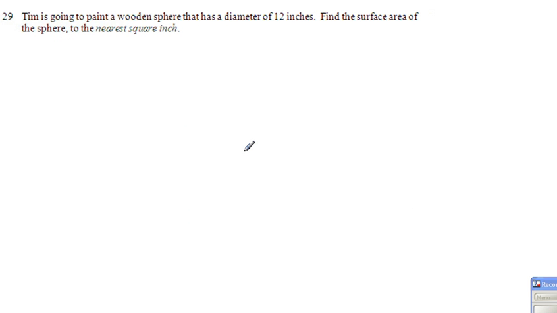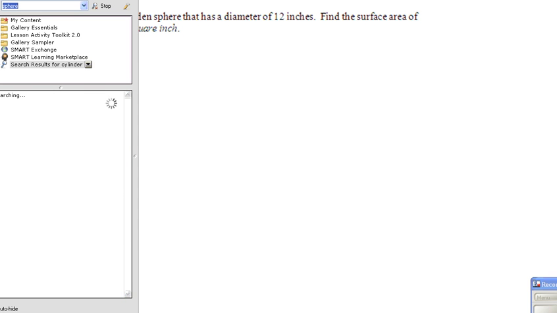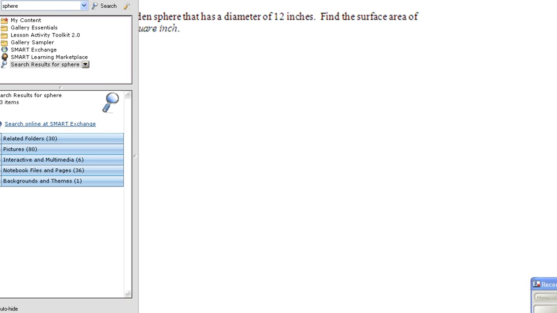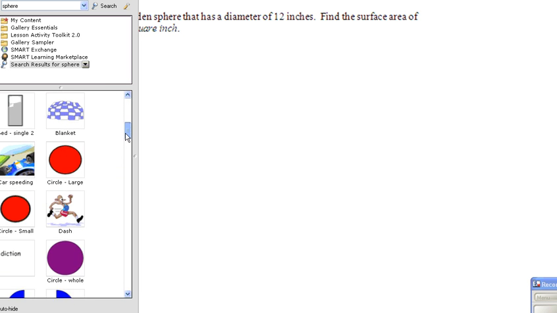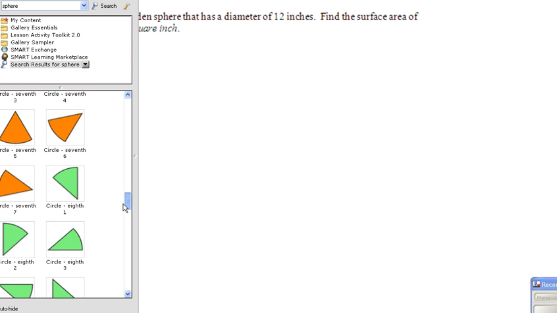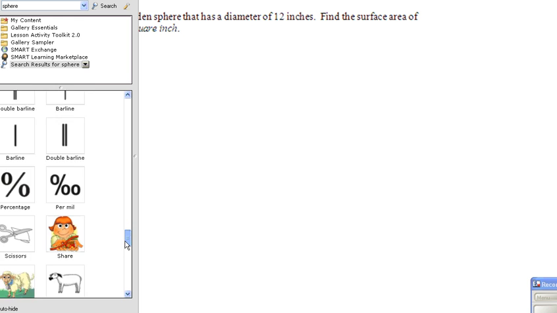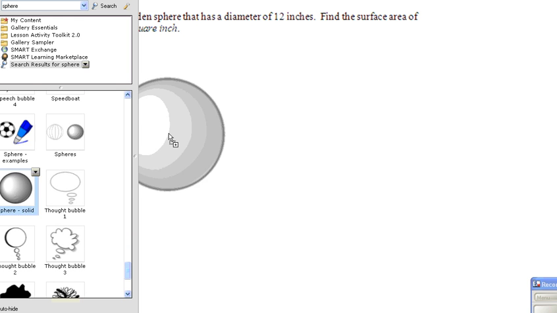Now, number 29. A wooden sphere that has a diameter of 12. So let's try to look into that. Okay, sphere.